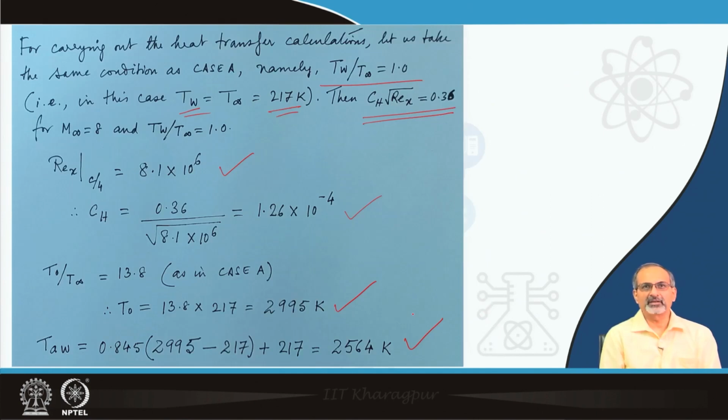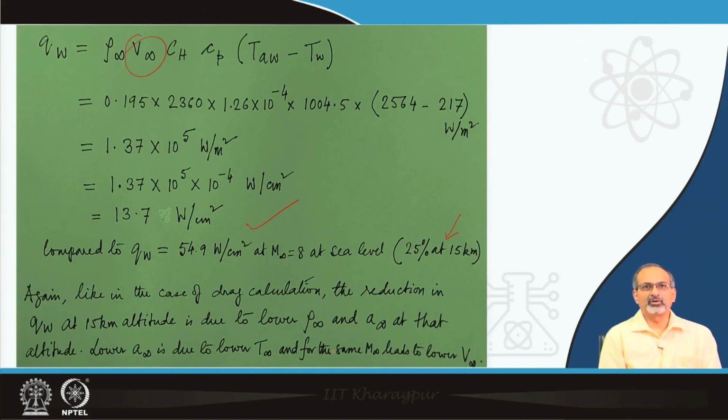When we looked at the heat transfer calculations, maintaining the same condition as case A, that is, the wall to free stream temperature ratio being 1, we got the Stanton number values from the chart. We did the calculations and found that the adiabatic wall temperature came down significantly, and we further saw that when Q_W calculations were done, the values came down much below what was encountered at sea level conditions, to about 25% of the sea level value.